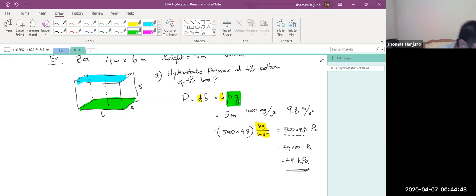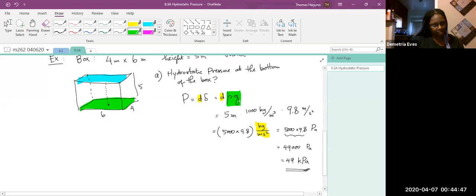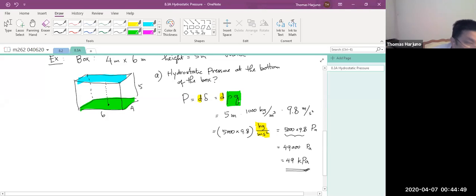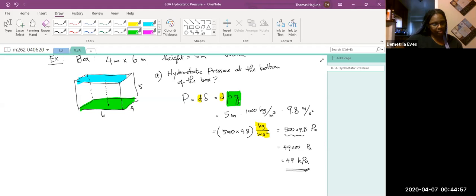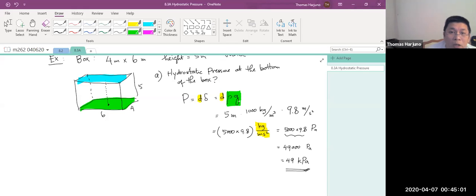For example, if we deal with salt water, the sea water, then the density is higher than regular water, right? And suppose one day you go to the moon, the gravity there is different. So we will just leave it as rho g. So the hydrostatic pressure here will be just 5 rho g. That's how you say it.